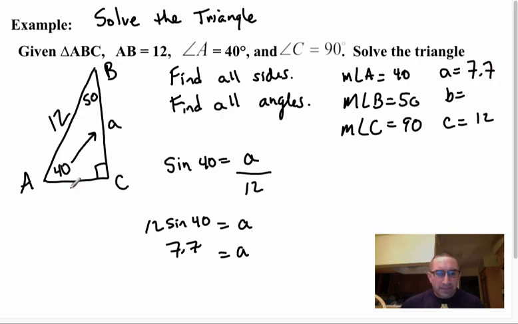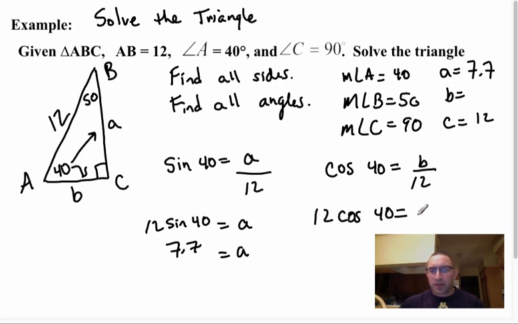Now B here is the adjacent side. So I can go cosine of 40 equals B over 12, or 12 cosine 40 is B. Once again, I can put that in my calculator.